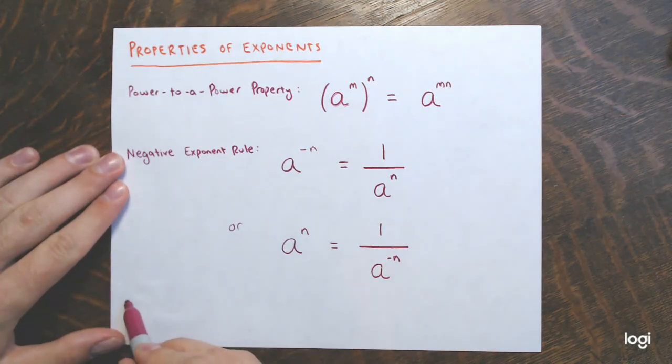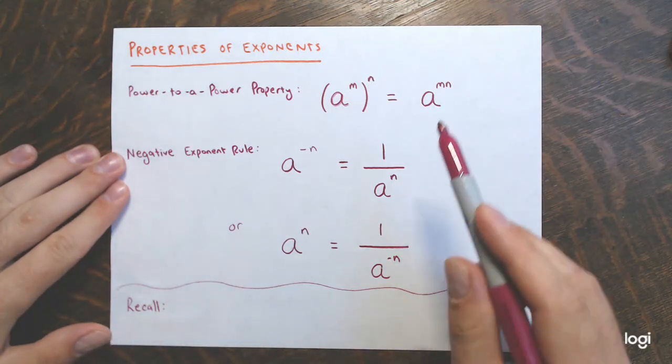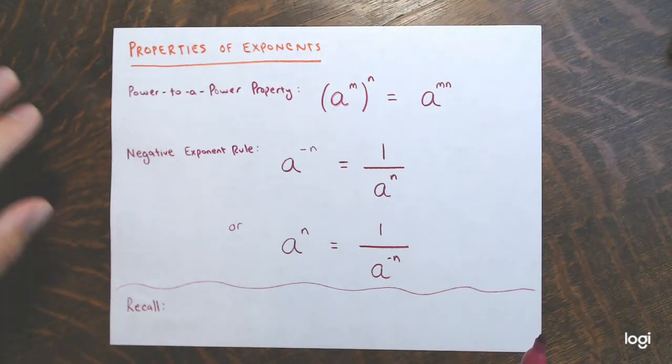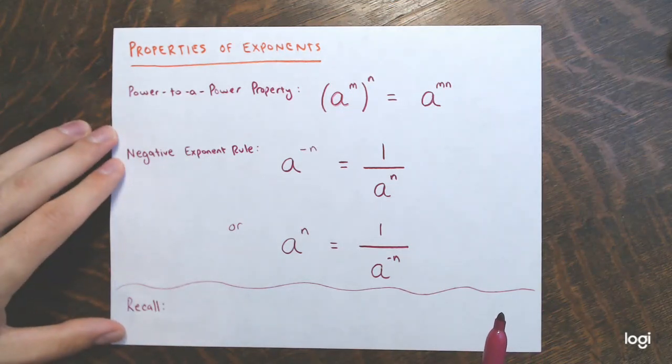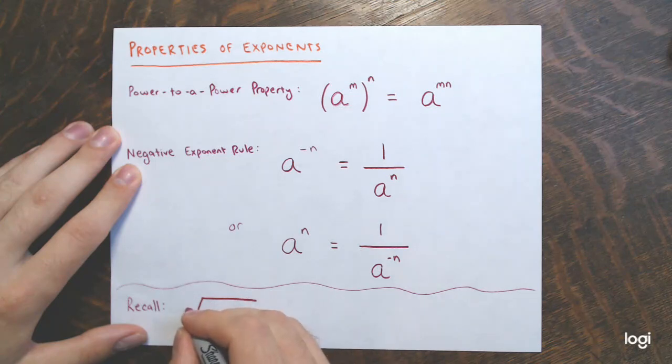And then one little recall from the last video. So those are the two properties of exponents I'm going to need for this video. And one recall from the last video is that when you see the nth root, this is a radical symbol, root symbol, and index of n.